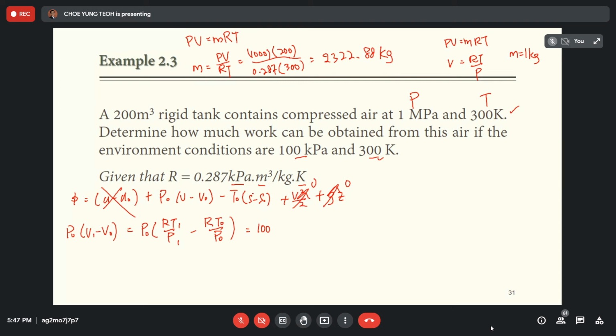I put 100 because we need kilopascal. I remember that the answer later will be in terms of kilojoule per kg, so everything in kilo. So R is 0.287, T1 300, and P1 1 megapascal, so 1000, minus, and this is P0, environment, 100. So from here, you can get the work done to the surrounding.